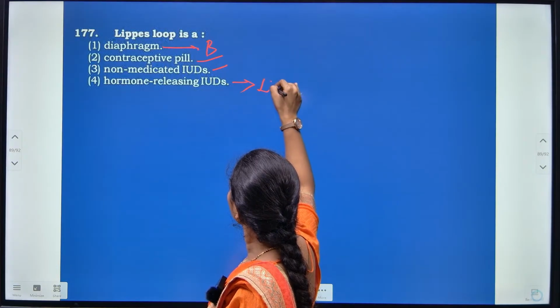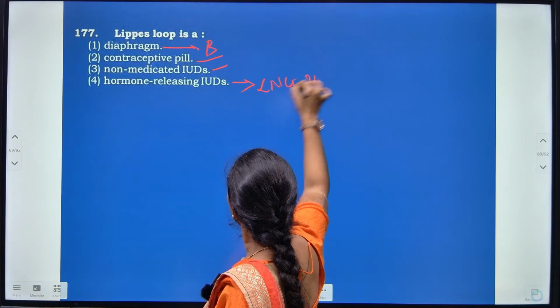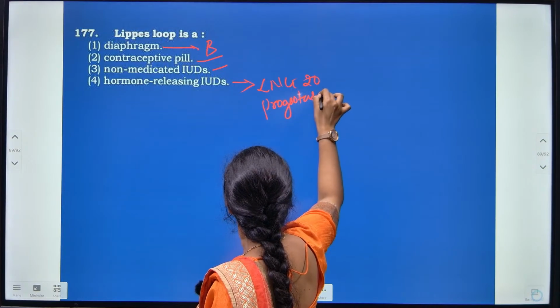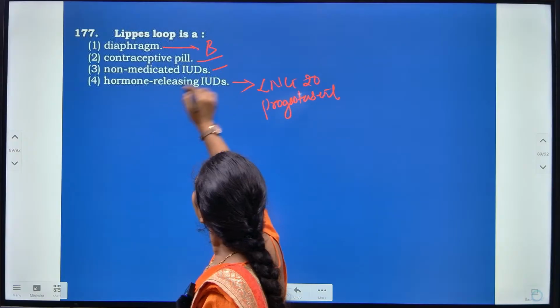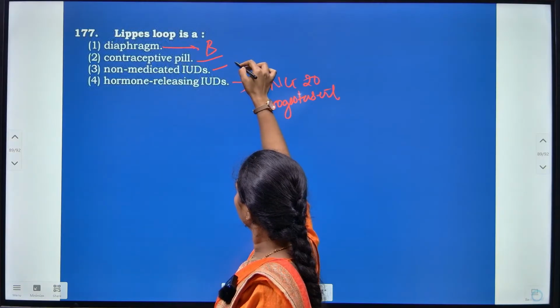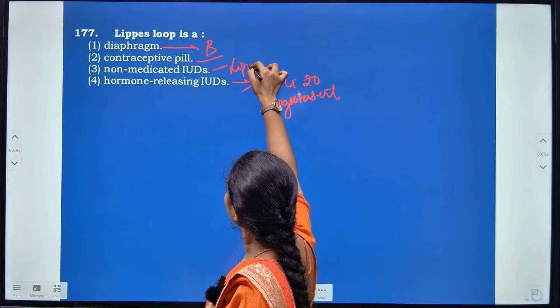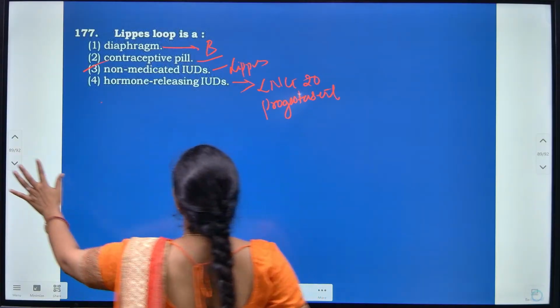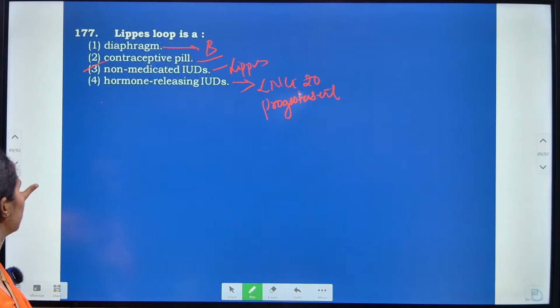Hormone releasing IUDs are LNG-20 and Progestasert here. And for non-medicated IUD, the only example we have studied so far is called the Lippes loop. So the right answer will be Lippes loop. Diaphragm is a barrier contraceptive which is used by the female.